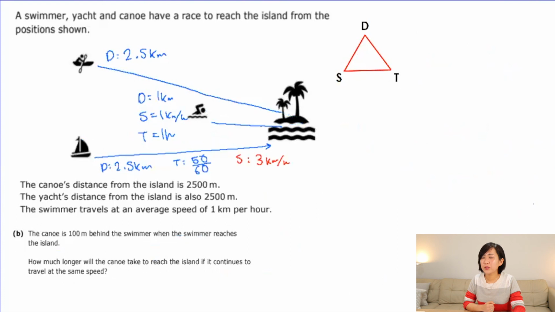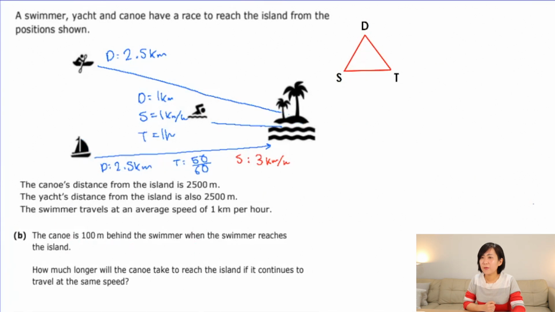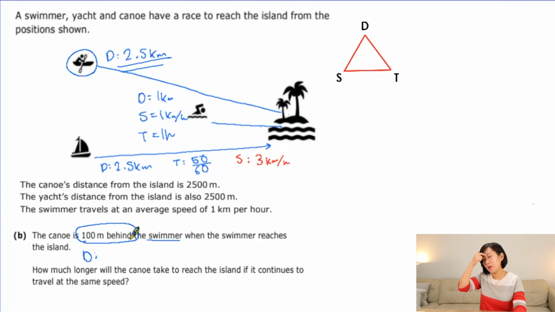Now let's move on to the next question. We keep writing all our information. Then the next question is, the canoe is 100 meters behind when the swimmer actually reached the island. That means when time is 1 hour, the canoe only reached 2.4 kilometers.